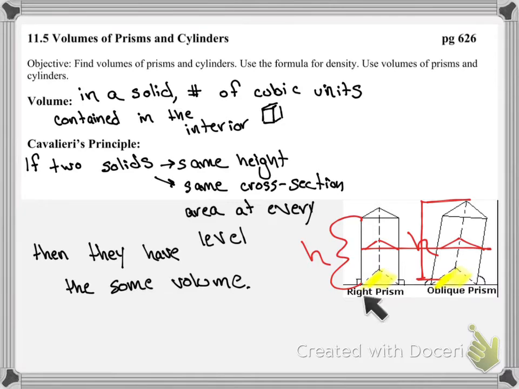In a right prism, the lateral edges make 90-degree angles. In oblique, they do not. What he noticed is that as long as this base area is the same as this one, and they have the same heights, then their volumes are going to be the same. So we don't need different equations for volumes.